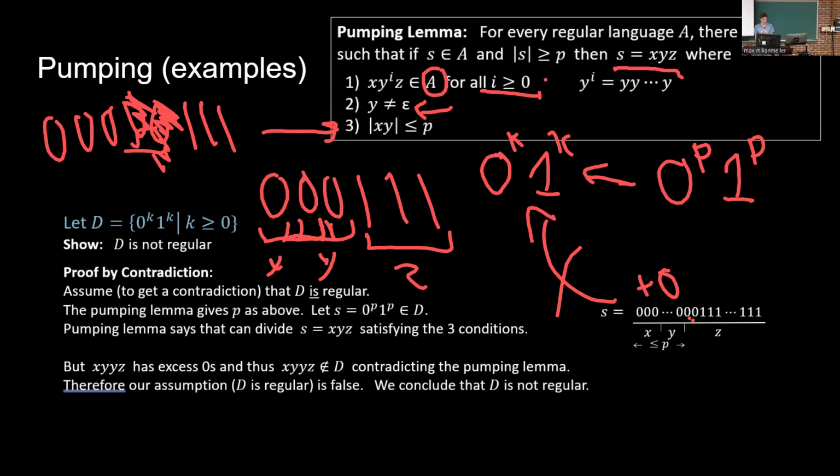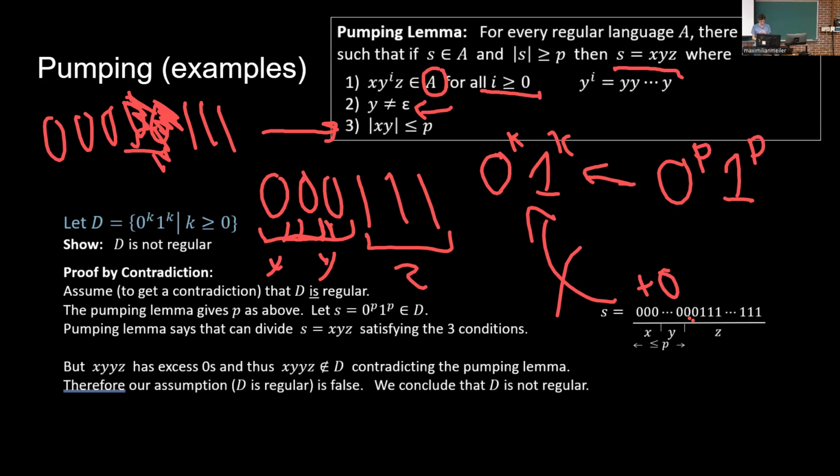So for the number of pumpings, if one of them breaks, your whole thing will break, right? Because this is saying for every single i greater than or equal to 0, it has to be in the original language. So if you pump it a certain number of times and that's not in the original language, that won't work. But I think this is saying you can have a division into X, Y, and Z where this is true, then it's regular.